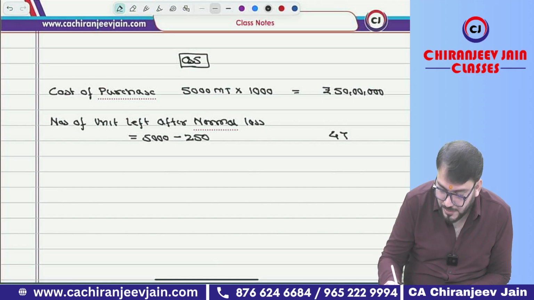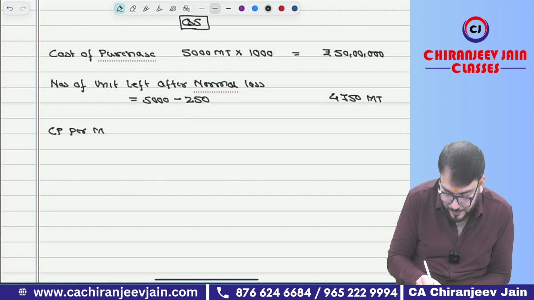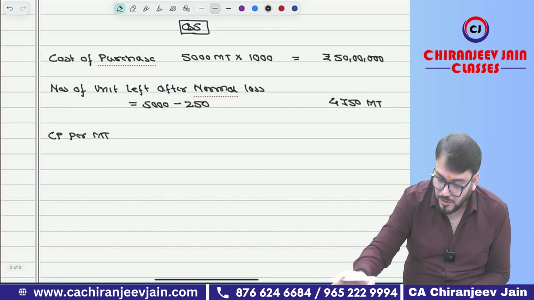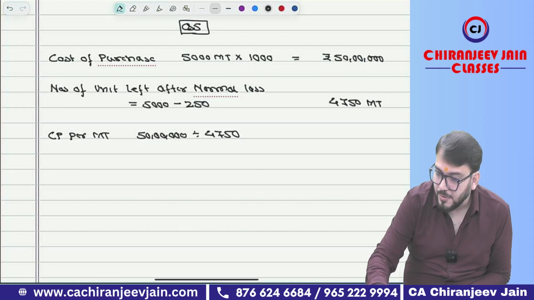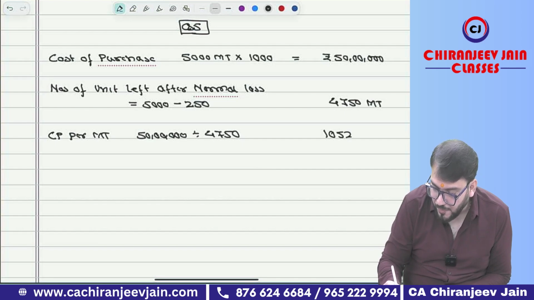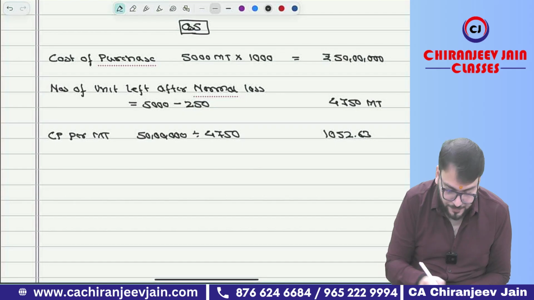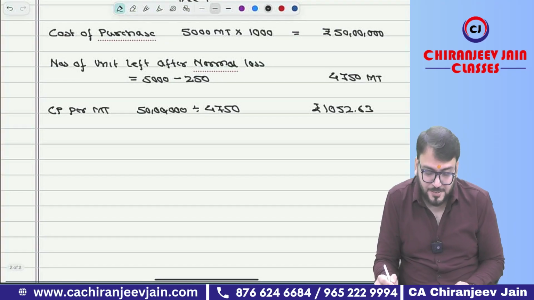It will be 4750 MT. So what is the cost price per MT? It will be 50 lakh divided by 4750. How much is it coming? 50 lakh divided by 4750. It will be 1052.63. So this is the cost price per unit.